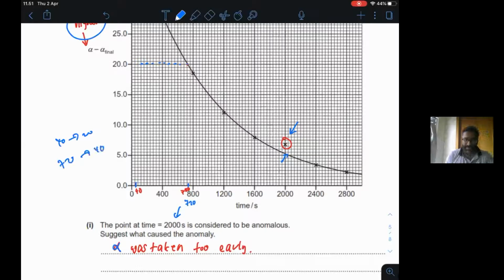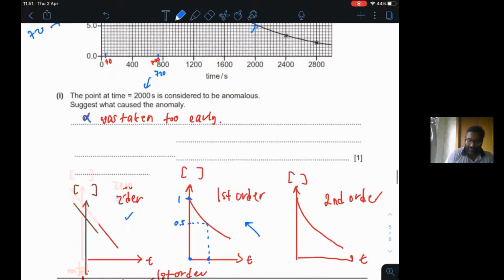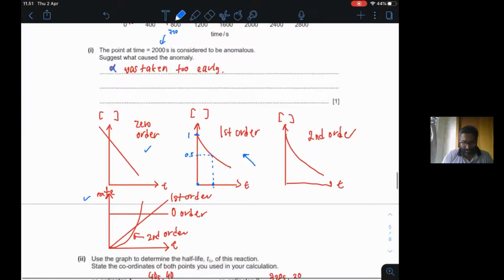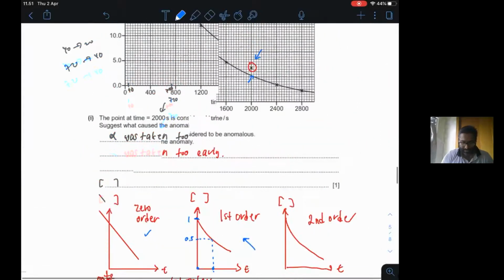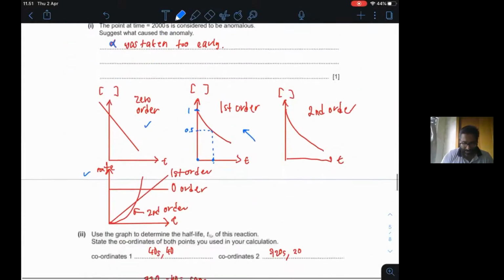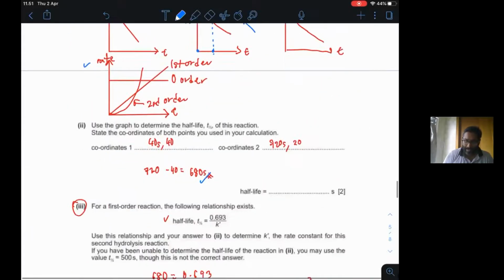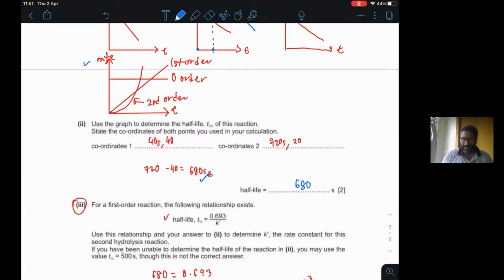So it's 720 minus 40, and I will get the half-life. So the half-life is 680. But of course, they are asking you to show the coordinates, so I'm showing the coordinates that I've taken. So I took 40 seconds, and then 40. You just need to show the coordinates. The half-life I'm going to get is 680 seconds.